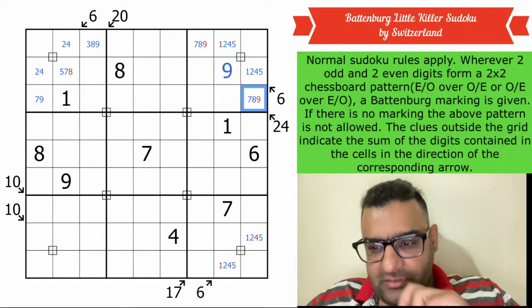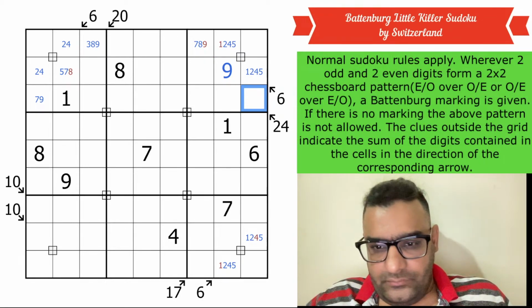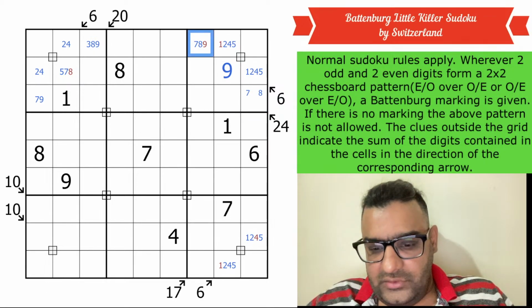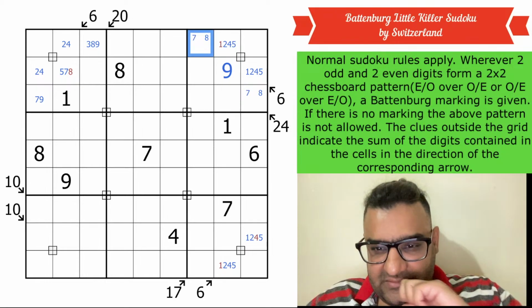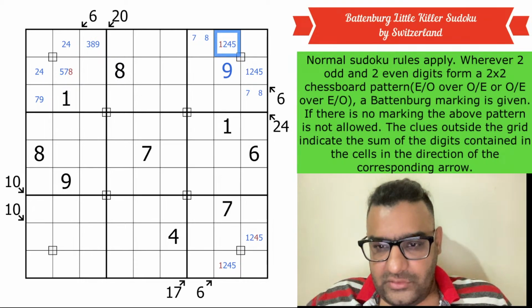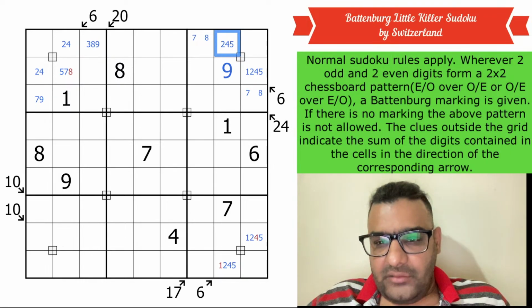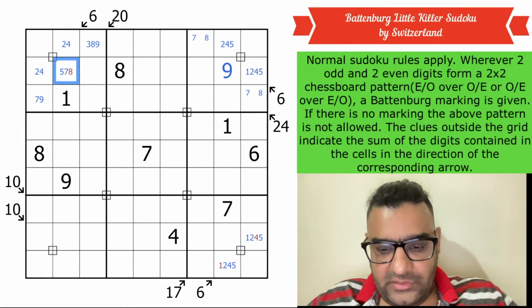Now this word would be 7 or 8, and this word would be 7 or 8. We already know 1 is not here, so it can be 2, 4, or 5. This word cannot have an 8.